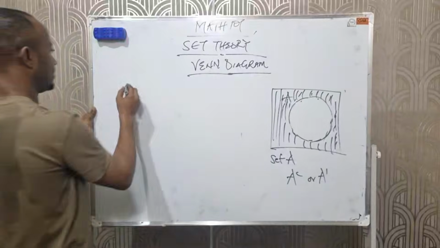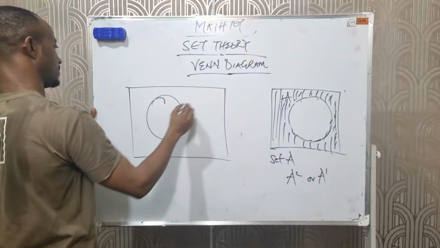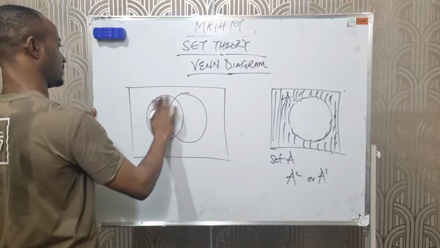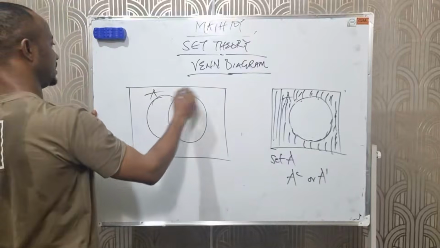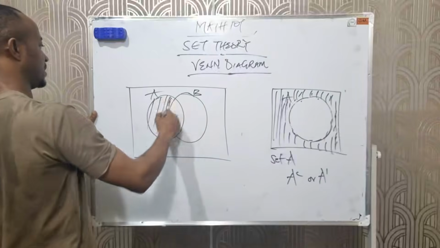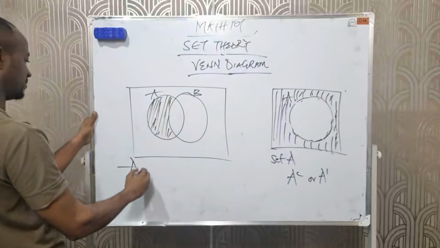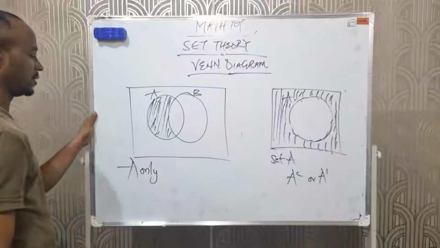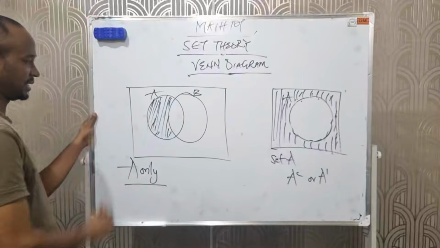Let's look at something else entirely. If we have a diagram like this, let's say I have set A and set B, and this part is the shaded part. In Venn diagrams, we call this A only, right? This means A only. And how do we interpret this?